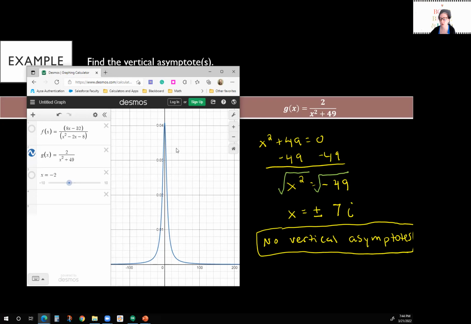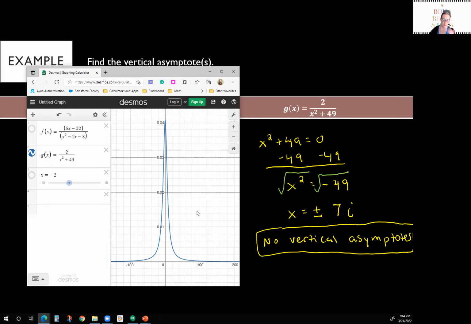So there is no vertical asymptote for this particular rational function. It does have other types of asymptotes, a horizontal asymptote, but it's important to know that not every rational function has a vertical asymptote. It's possible not to have one exist at all.